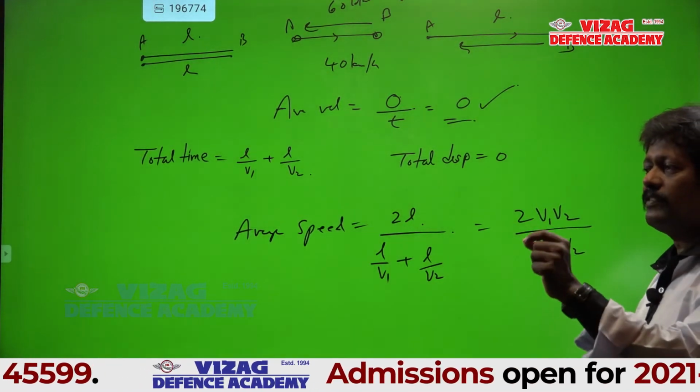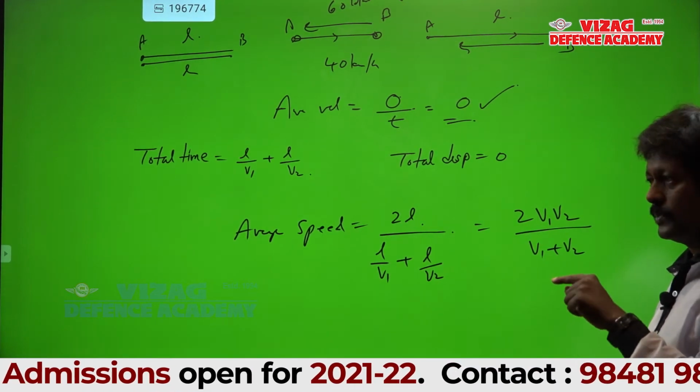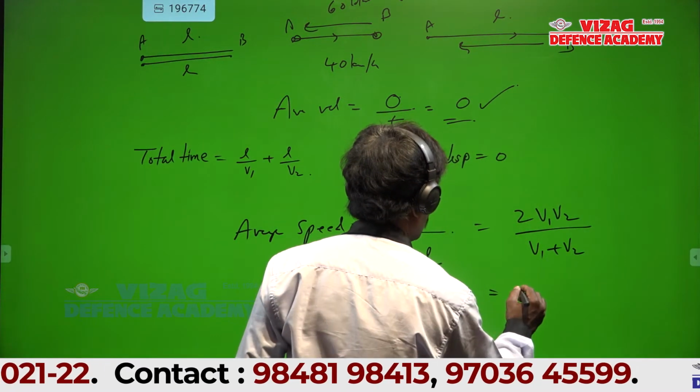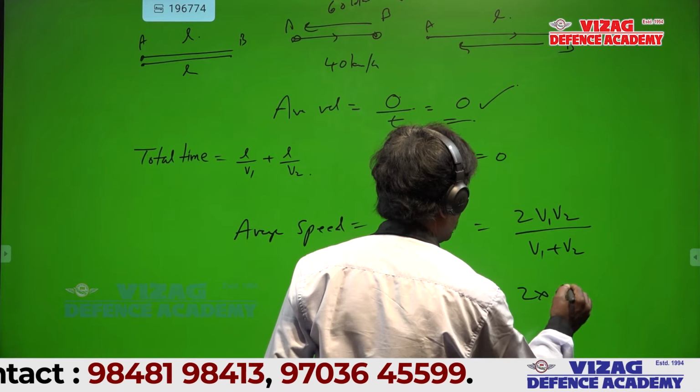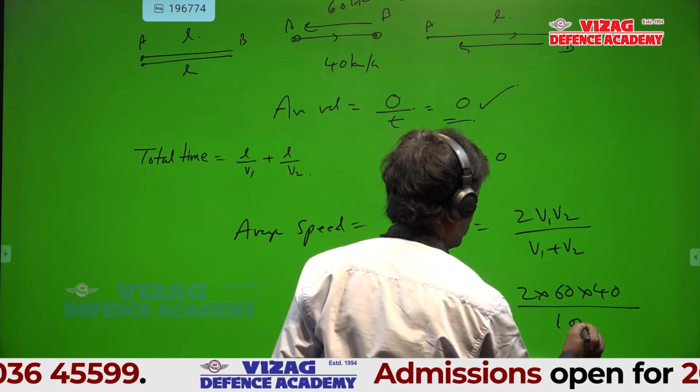So what is the average speed? 2V1V2 by V1 plus V2. So I will substitute here 2 into 60 into 40 by 100.